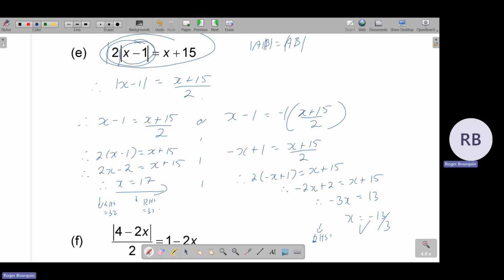So it must be positive 16 over 3. Then 2 times 16 over 3 is 32 over 3. So the left-hand side is 32 over 3. And the right-hand side, just enter -13 over 3 plus 15. That is 32 over 3. So is it working? Yes.